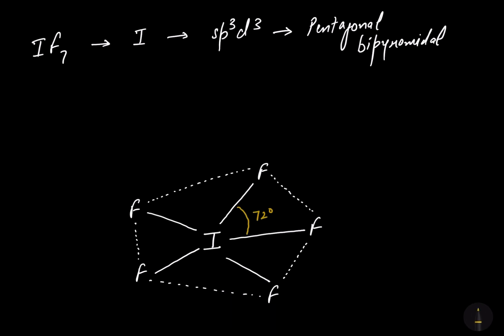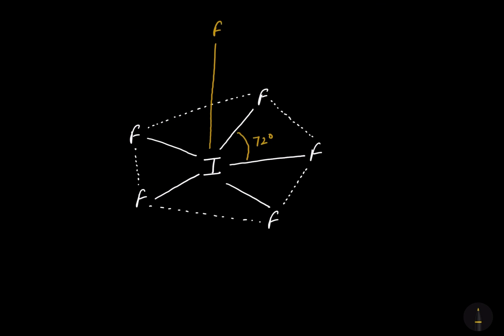Now we are left with 2 fluorine atoms, and those 2 fluorine atoms will occupy the axial positions. That's the fluorine over here, and the second fluorine over here. So the two fluorine atoms are present on the axial positions. These are called the axial bonds, and the other 5 fluorine atoms are on the equatorial plane.